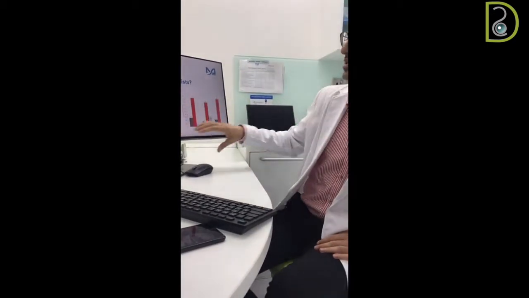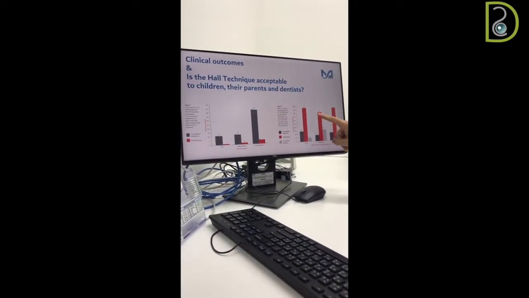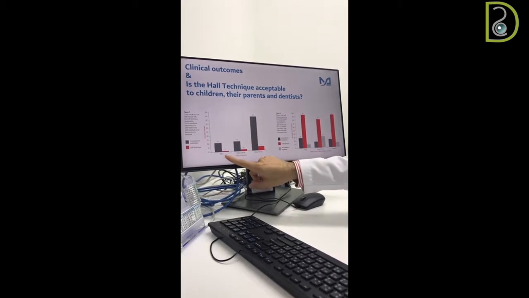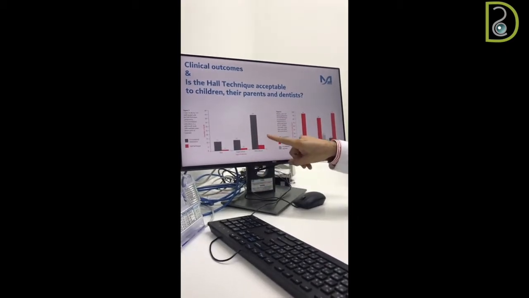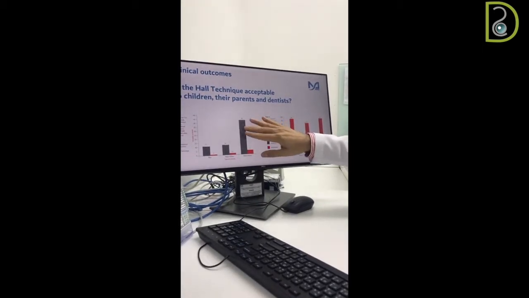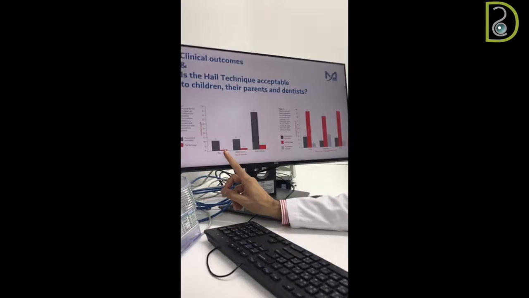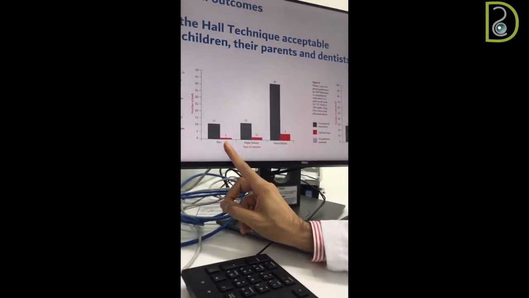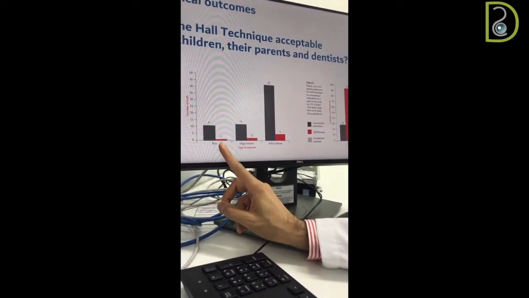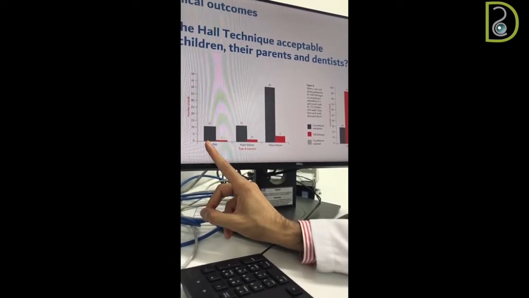So looking at these statistics now, the red ones are for the whole crown. Here they compare conventional restorations, like class 1 and class 2, with the whole crown. You can see that in the whole crown, they had one case of pain as a failure, and in the conventional, 11 cases of pain were reported.